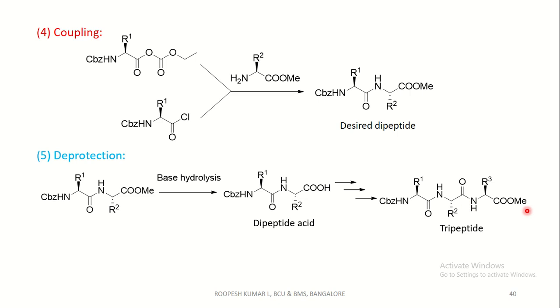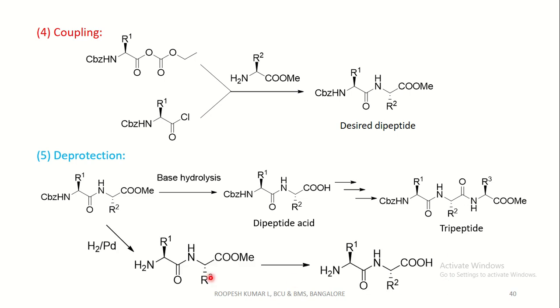This third amino acid ester comes and attacks the carbonyl group. You get a tripeptide, that is, a lone pair on the nitrogen attacks here, and this byproduct goes into the solution. In the acid chloride method, it attacks here with the elimination of Cl minus.